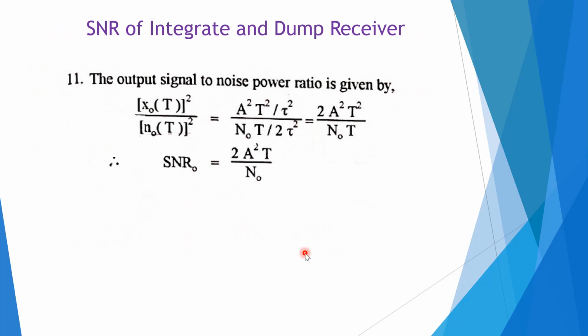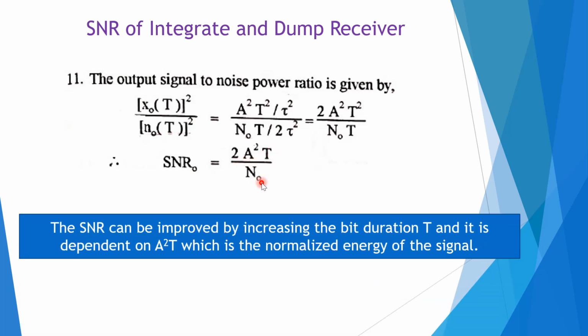The output signal to noise ratio, by getting all the previous equations, we can find out as 2 A square T square divided by N0 T. That is SNR is equal to 2 A square T divided by N0. The SNR can be improved here by increasing the bit duration T, and it is dependent on A square T, which is the normalized energy of the signal. This is the required expression for the SNR at the output of the integrate and dump receiver.